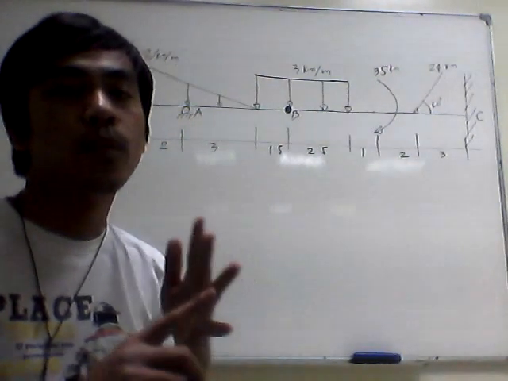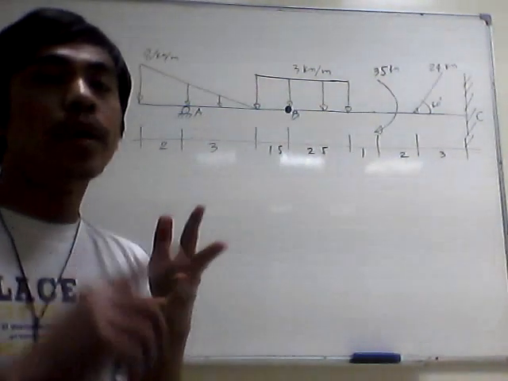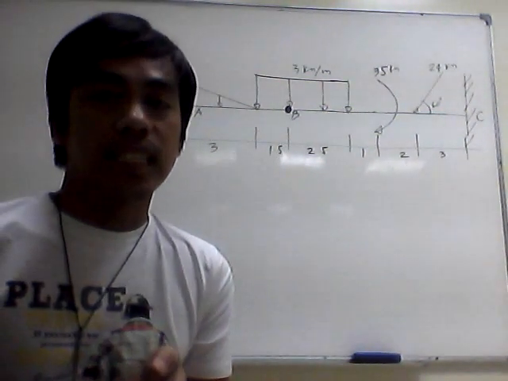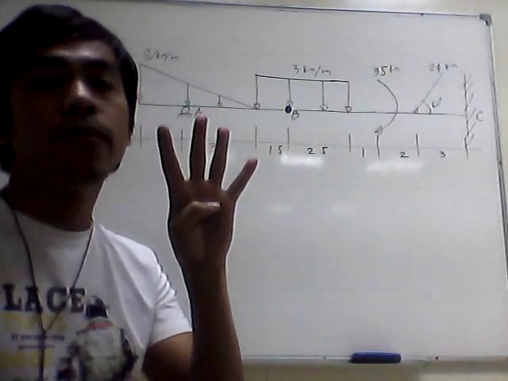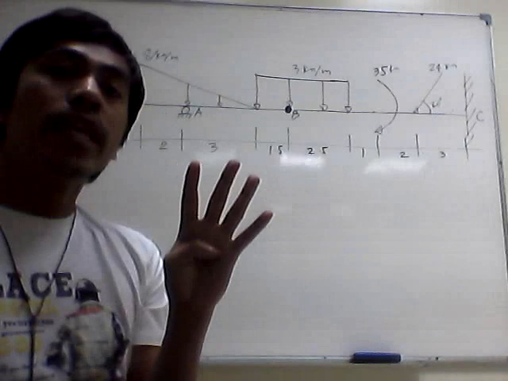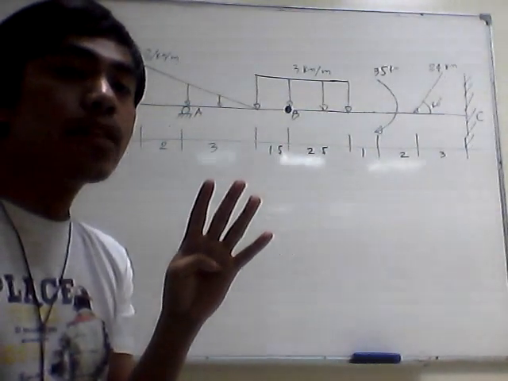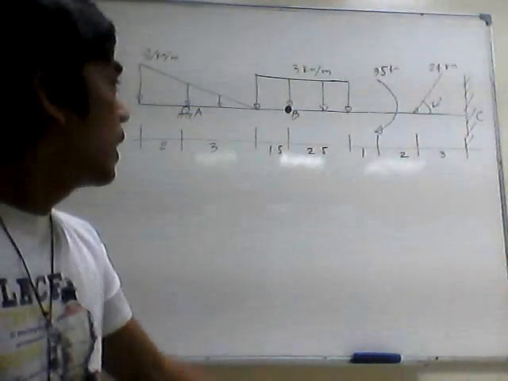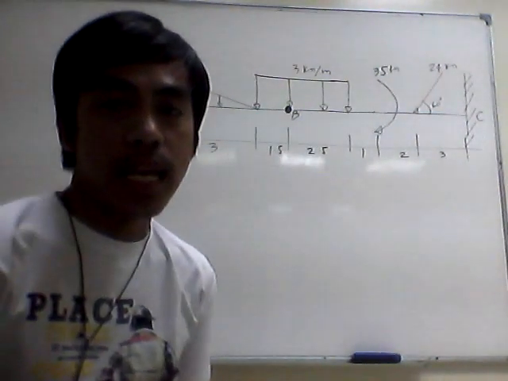Because we have 1 vertical reaction, 1 horizontal reaction, and 1 moment at C. So all in all, we have 4 unknowns, but we can solve it using only the 3 equilibrium equations, considering the internal hinge at B.